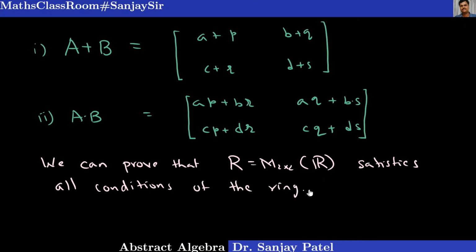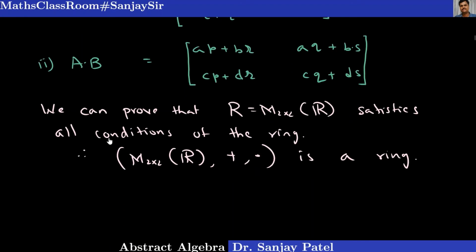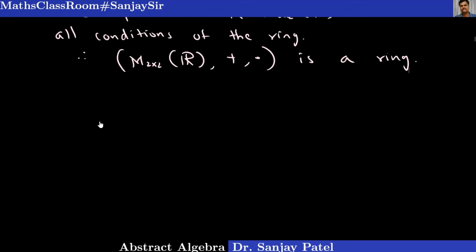So as a conclusion, this set is a ring. I can say M2 cross 2 R with plus and dot is a ring. Not only that, there are infinitely many matrices, so it is an infinite ring.